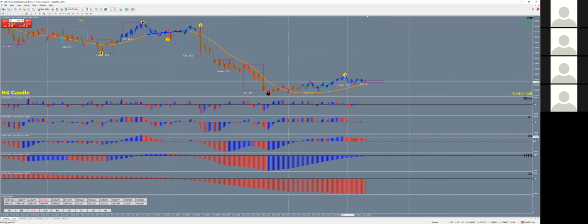We see the H3 is still looking for the low of the day. So if we find the low of the day and low of the session, we may get a trade to the upside. We may get a yellow ball retracement. So still looking for a retracement to go long.